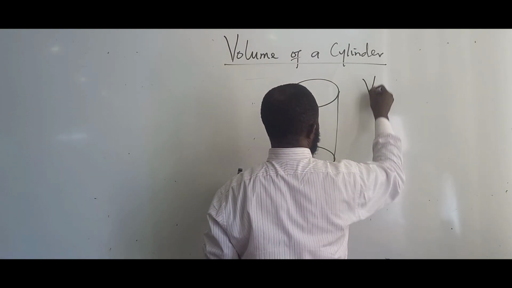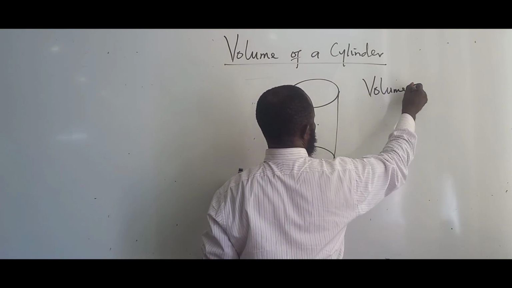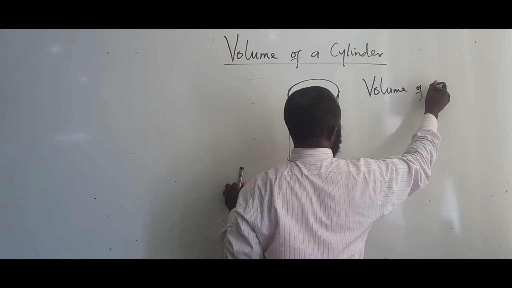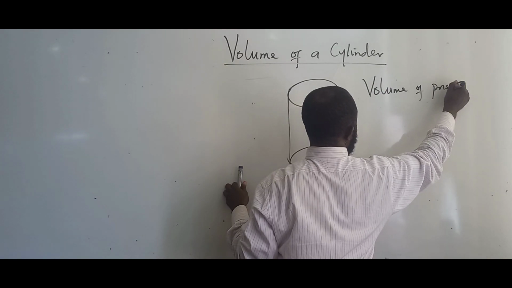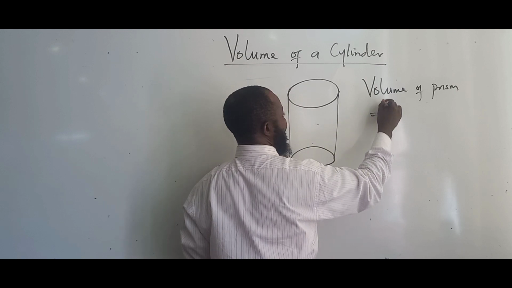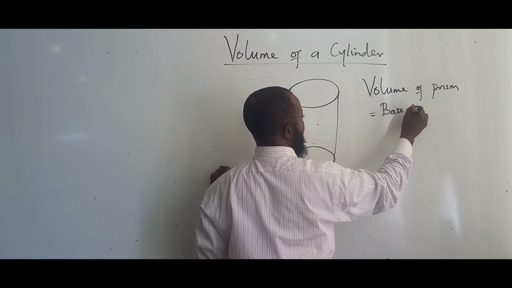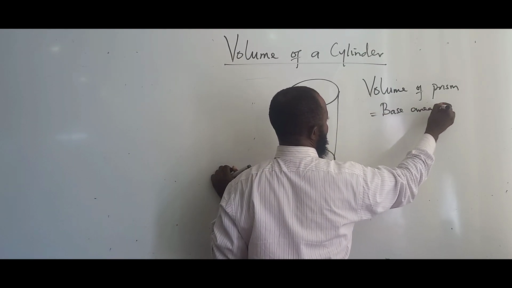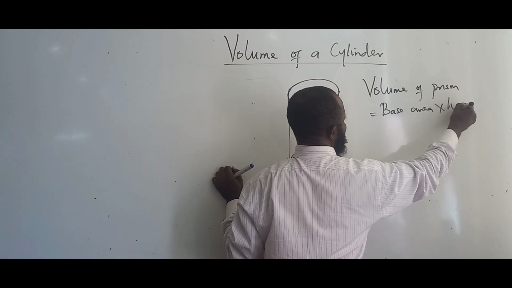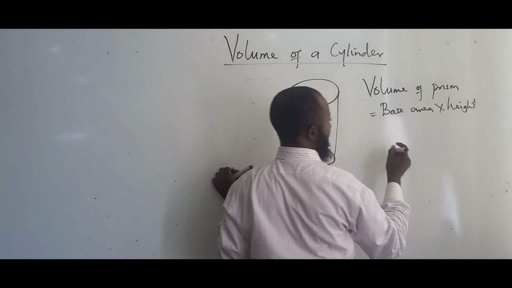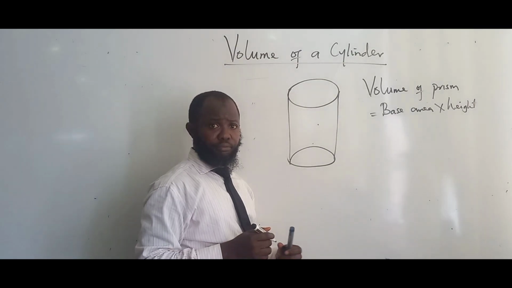Volume of a prism is the base area multiplied by the height of the prism.